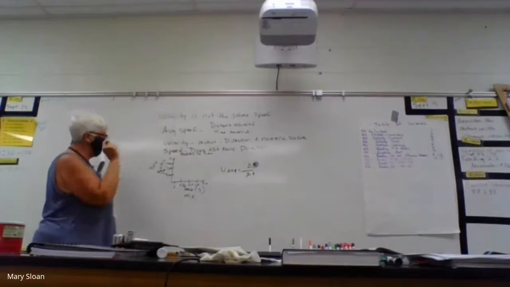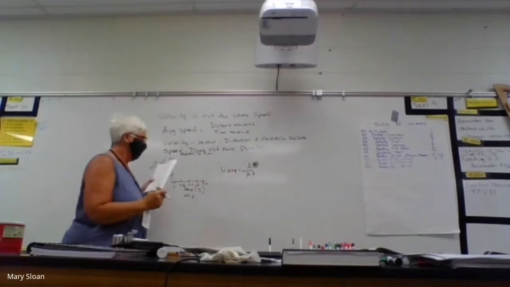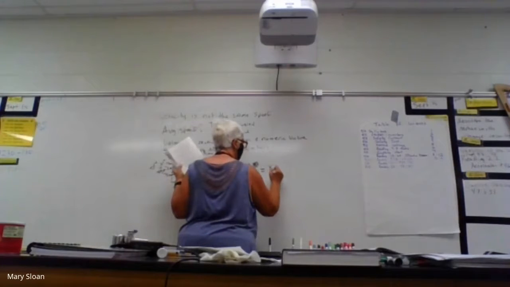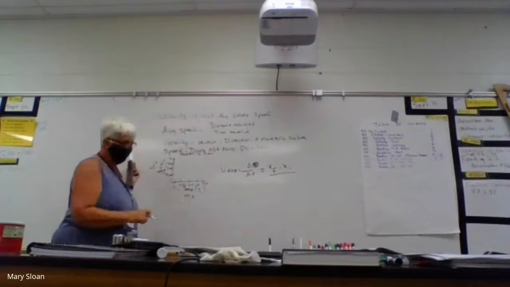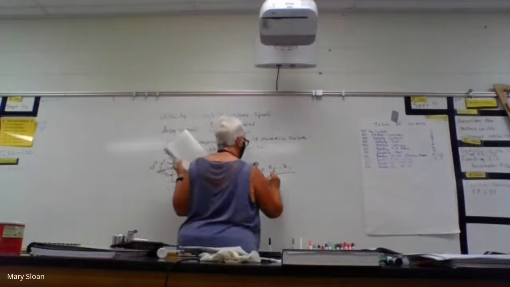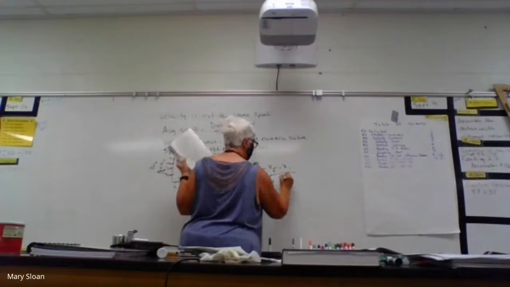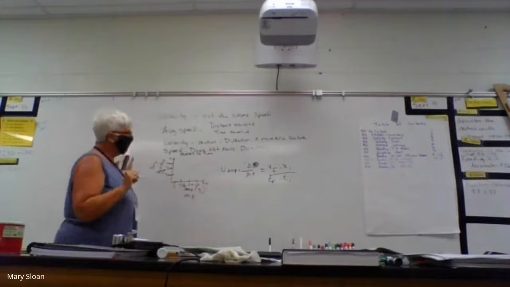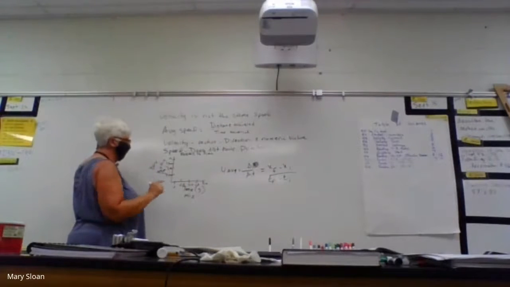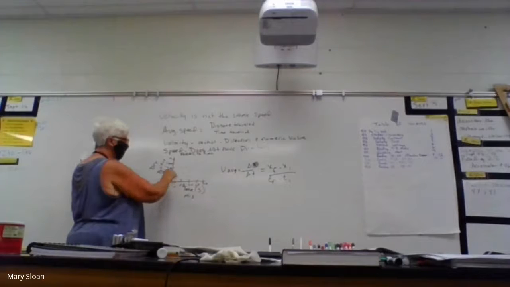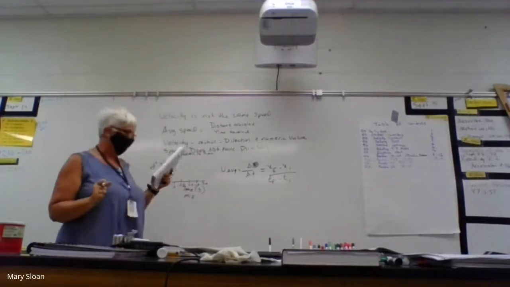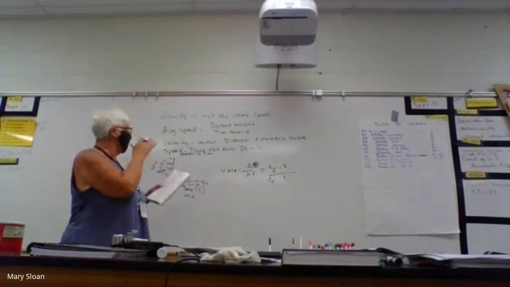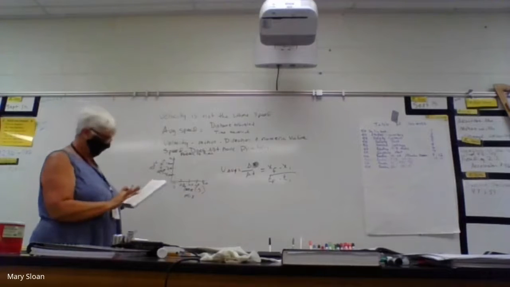Change in position is position final minus position initial, and change in time is time final minus time initial. You take the final and the initial to find the average velocity at that time. So that is a velocity time graph.